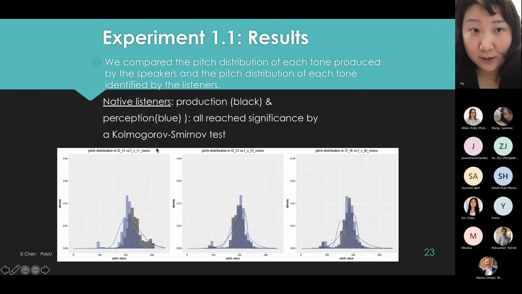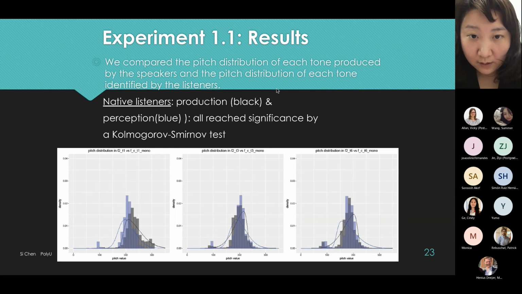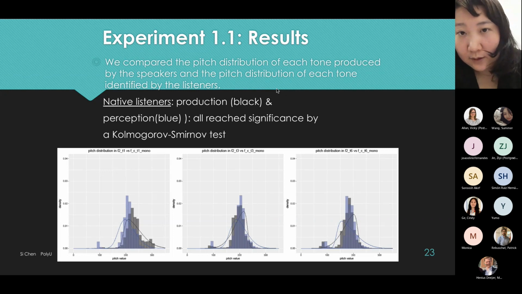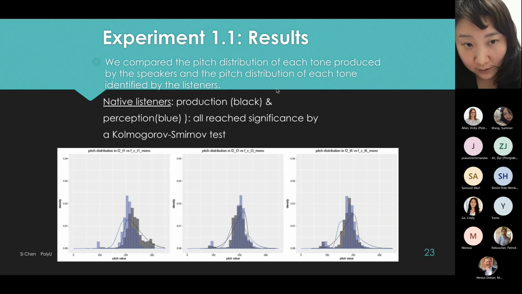So we tried to compare the pitch distribution of each tone produced by the speakers and the pitch distribution of each tone identified by the listeners. We would like to see whether the distributions of those tones produced by the speakers and those identified by the listeners would overlap or not.